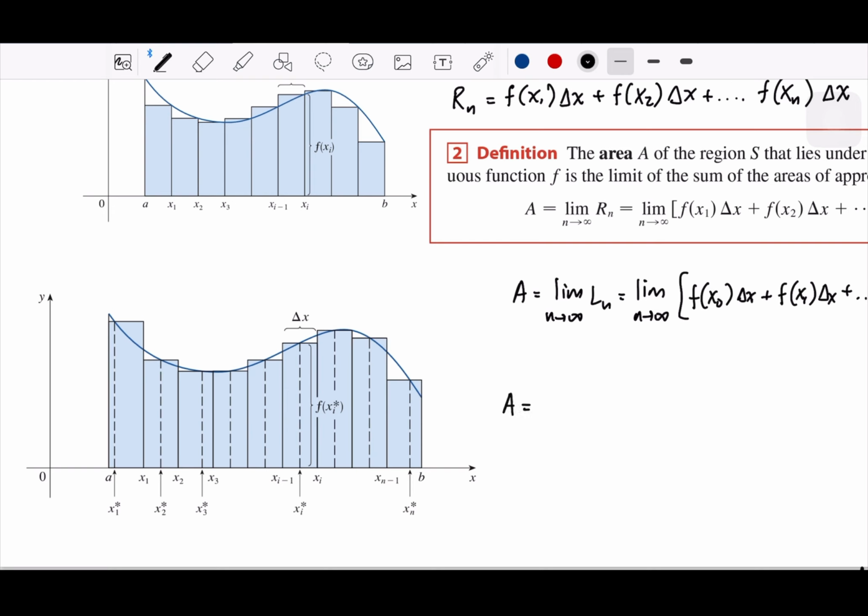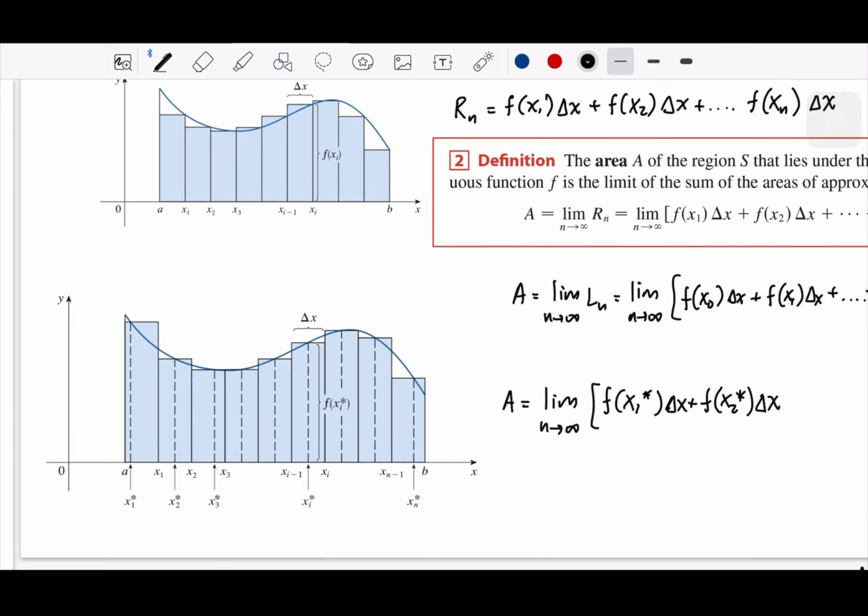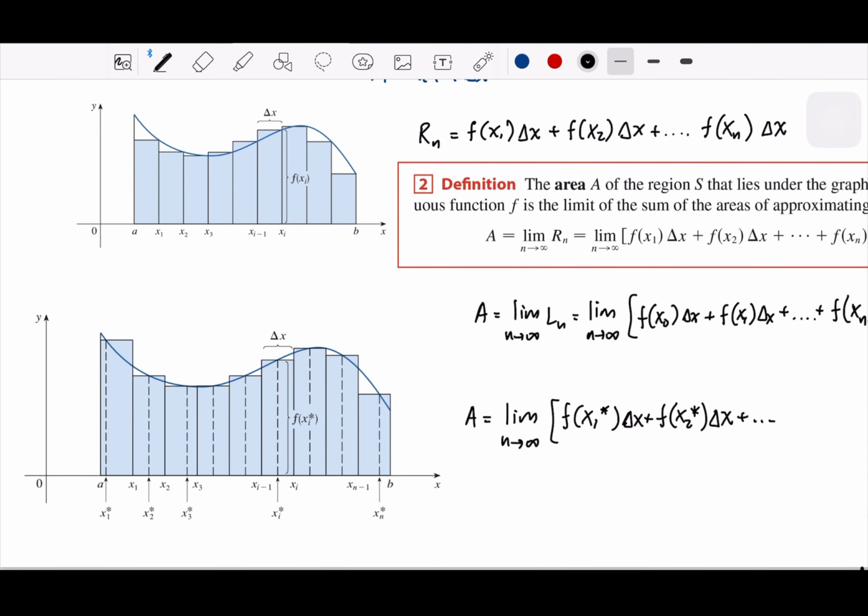So we could write down that the area is a limit of f of the x1 sample point, until n.